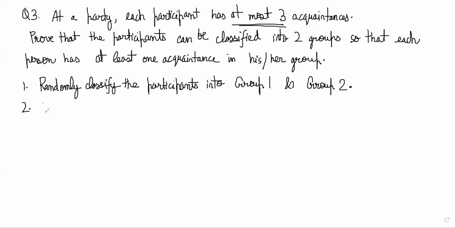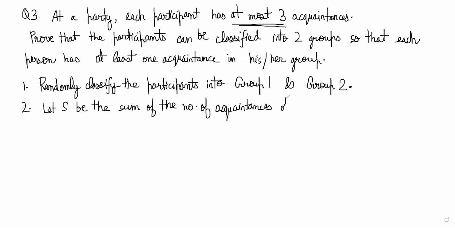Now we say let S be the sum of the number of acquaintances of every participant in a single group.